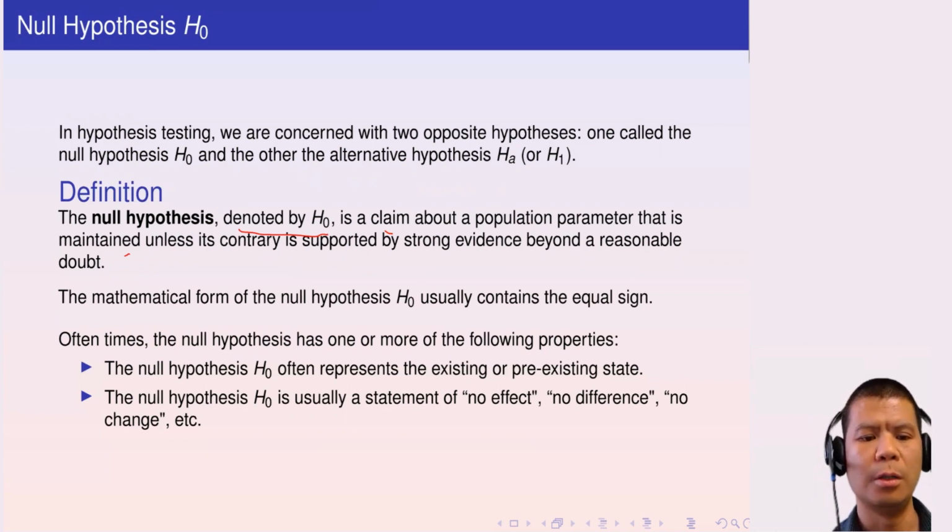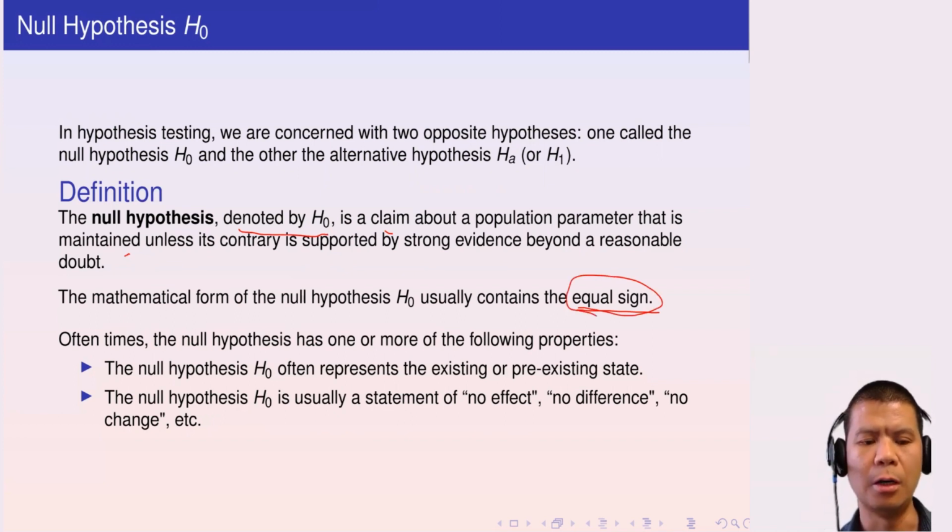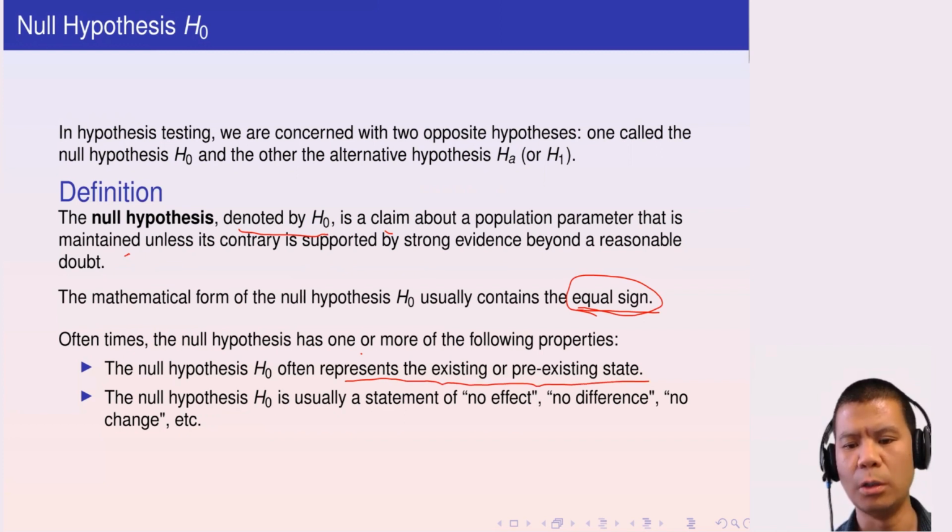The mathematical form of the null hypothesis usually contains the equal sign. Oftentimes, the null hypothesis has one or more of the following properties. It often represents an existing or pre-existing state, like a status quo.